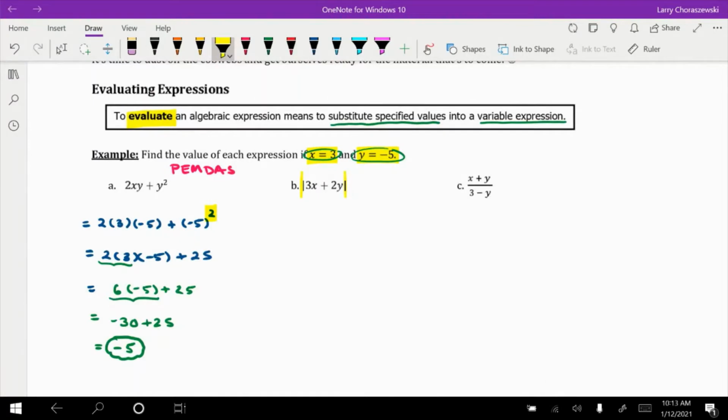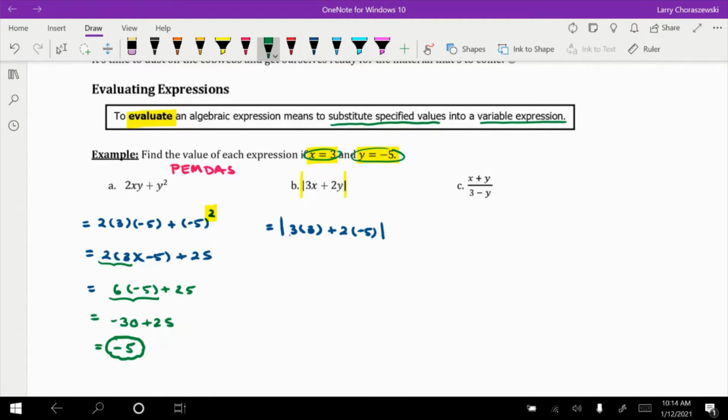So in this case, we do have some stuff going on inside the absolute value symbols. We've got 3x, which we can still use 3 to plug into it, plus 2 times y, which we can still use -5. And of course, the absolute value of whatever that comes out to be. So I'm going to kick this off to you.